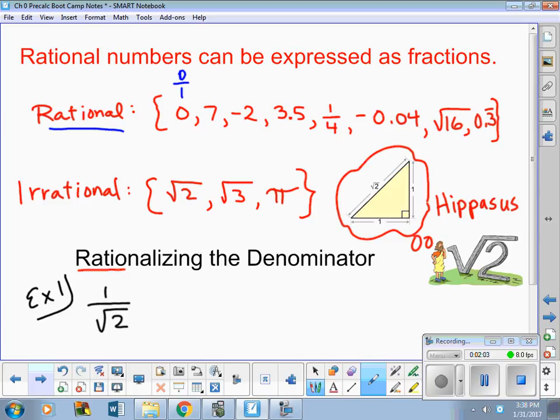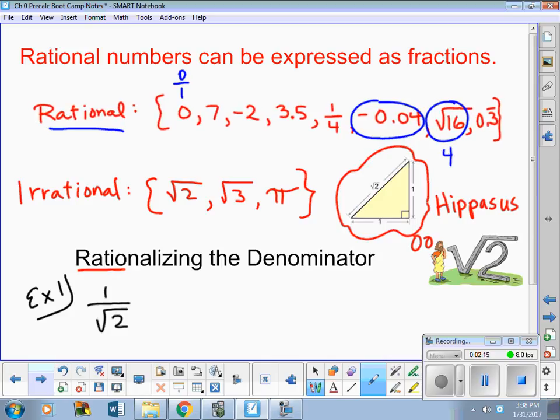Negative numbers, those are rational numbers. Some square roots are rational. Square root of 16 is 4, it's a rational number. And squeezed in down here is 0.3 repeating. That is a rational number because that's equivalent to 1/3. If it can be written as a fraction, it's a rational number.